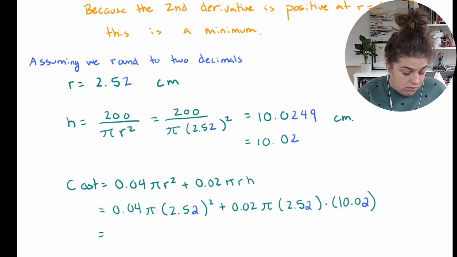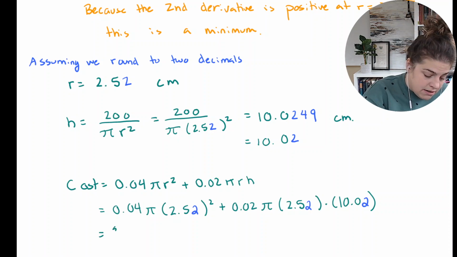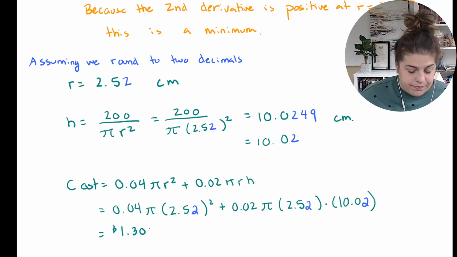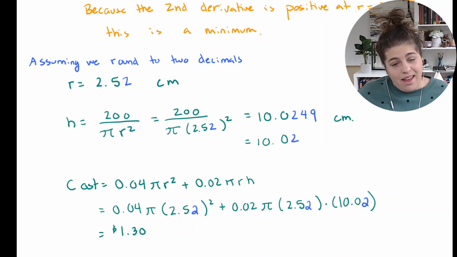I could be wrong. I'm really not in it for the rounding for specific learning platforms, but more, hey, do you actually understand what we're doing here and how to set these questions? Okay. And so our cost here, we get $1.30. And there you go.